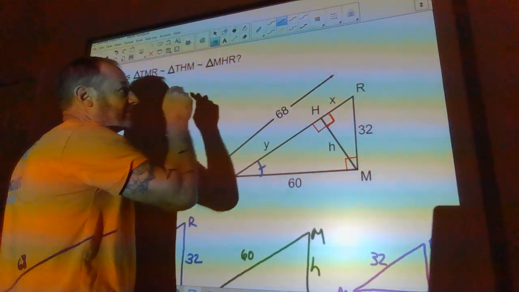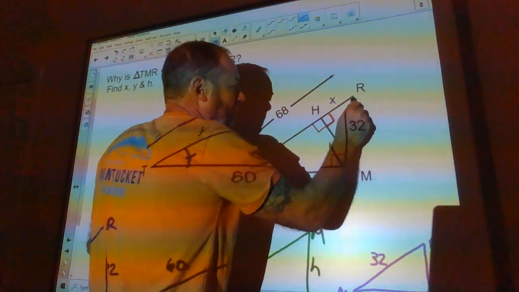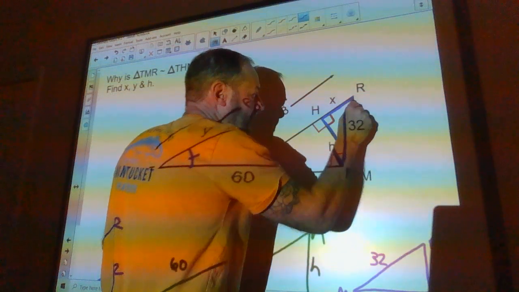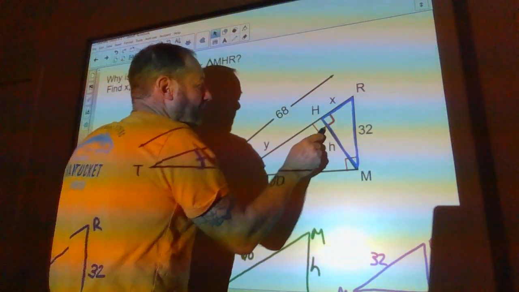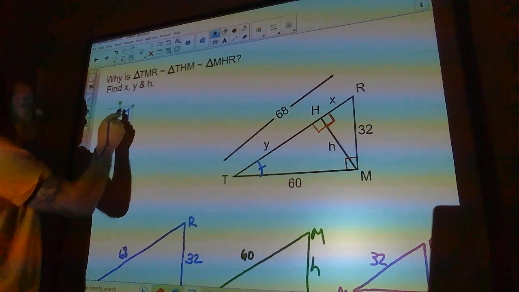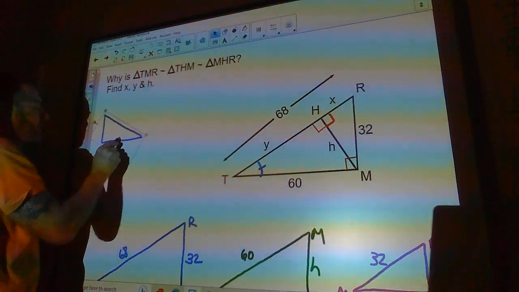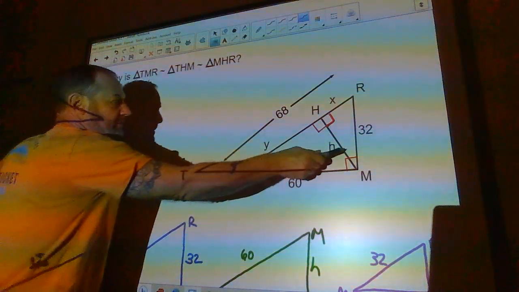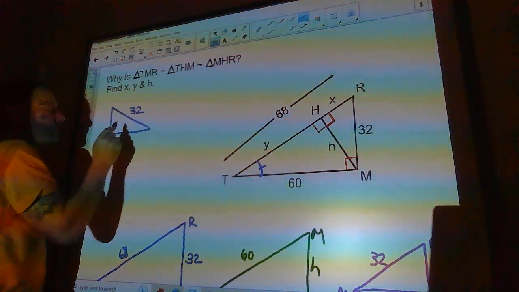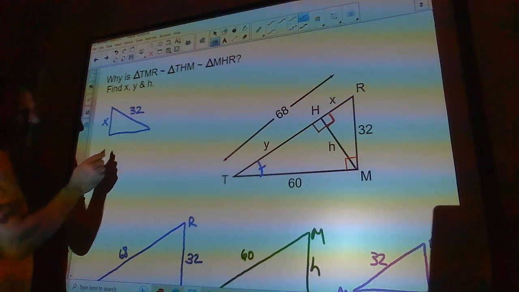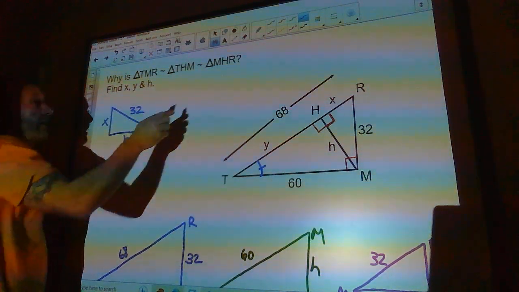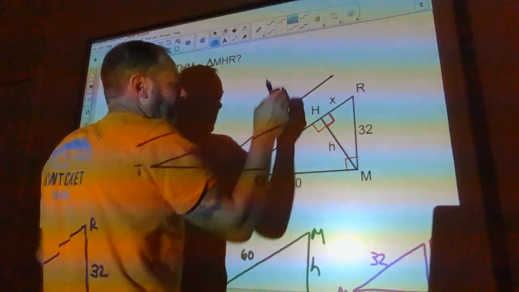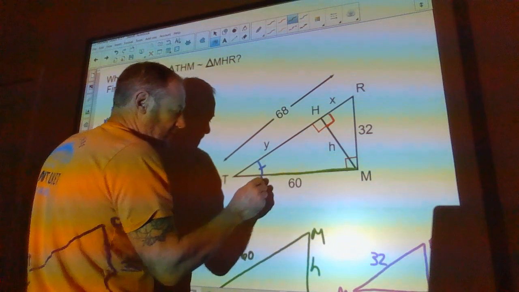Here's what I suggest that you do. You can take this triangle right here and copy it. I know you can't rotate it like this on your paper, but now the hypotenuse here is this side. This is 32. This would be x, and this would be h. And my 90-degree angle is right here. Now I've got a medium-sized triangle.